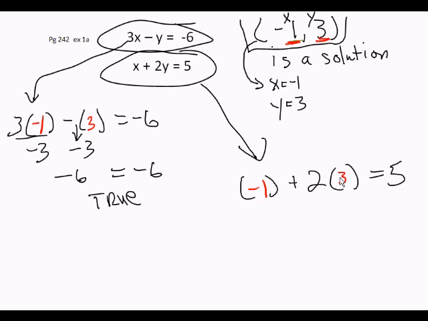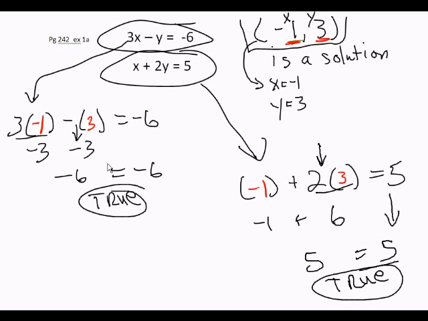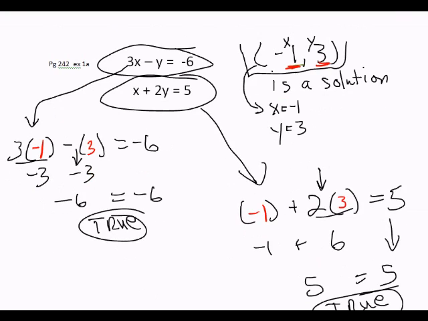X, once again, is negative 1, and y is a positive 3. Negative 1 plus 2 times 3 is 6. Remember, order of operations, you multiply before you add or subtract. Negative 1 plus 6 is 5. 5 equals 5 is also a true statement.